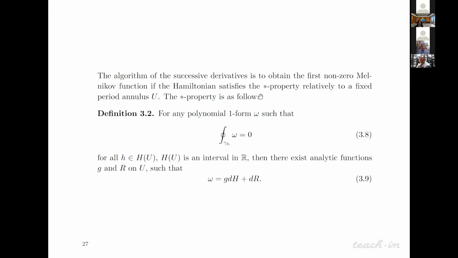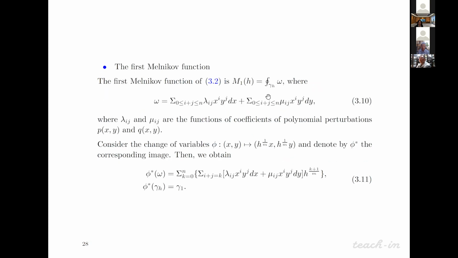Now we calculate the first Melnikov function, M1(h) equal to the integral of omega over gamma h. This omega is any perturbation, where the polynomial perturbations P(x,y) and Q(x,y) are polynomials of degree n. So you can write it this way.